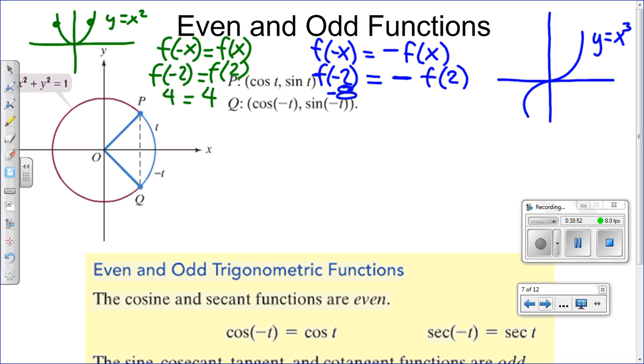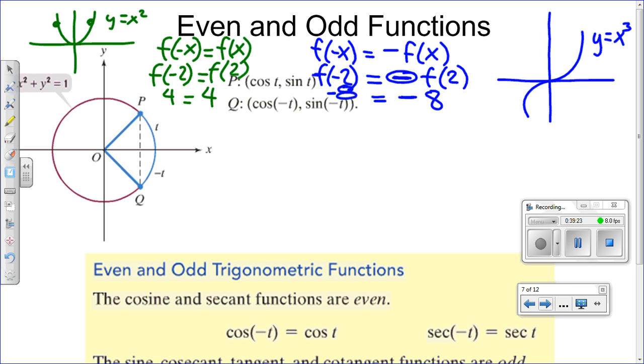So 2 times 2 times 2, that would be 8. But the negative sign carries over. So that's what it means to be an odd function. That was like in pre-cal. Now, those properties can also be used for sine and cosine. And if you do take calculus, you will find them pretty useful because they can help you cancel many steps, if you know that the function is odd or even.